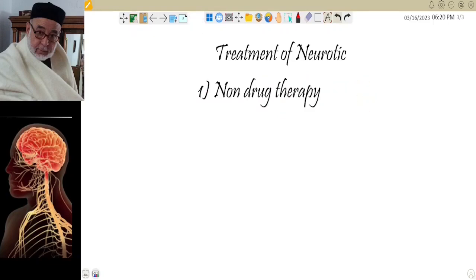Non-drug therapy nowadays is very important method of treatment of neurotic illnesses. This involves, for example, psychotherapy, different types of psychotherapy like behavioral modification therapies, etc.